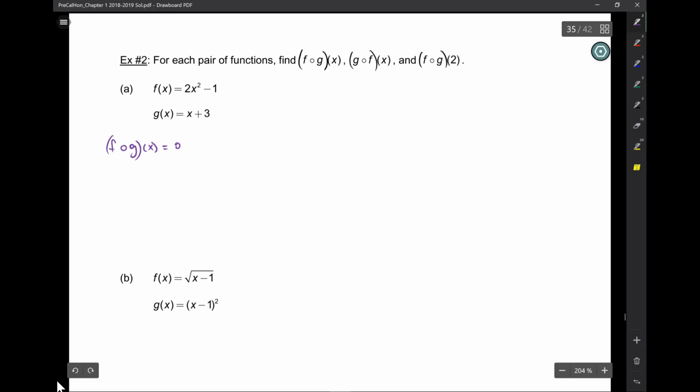So it'll be 2 times (x plus 3) squared minus 1. And then the rest is pretty much algebra. So 2x squared plus 6x plus 9, 2x squared plus 12x. And here it'll be 18 minus 1, 17.